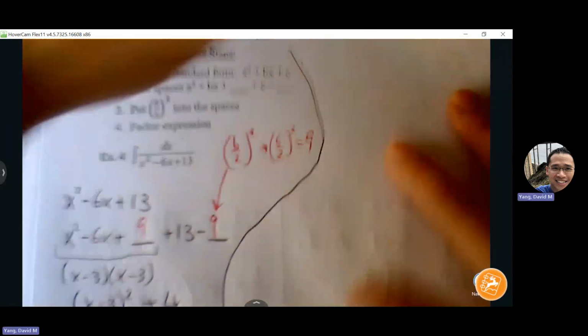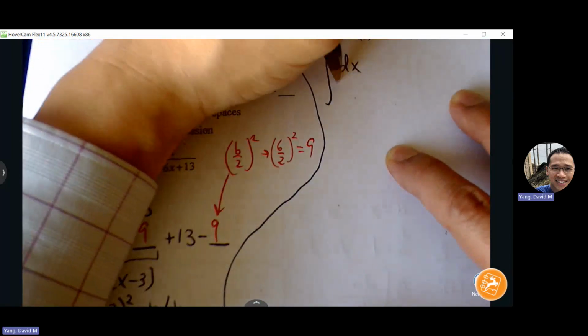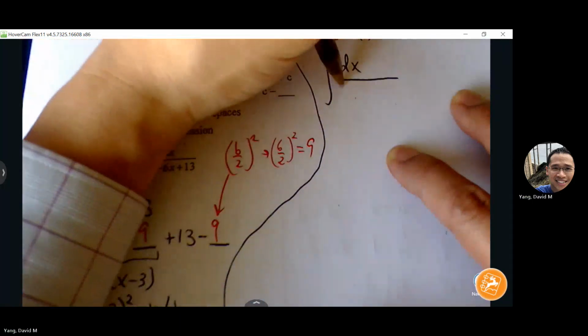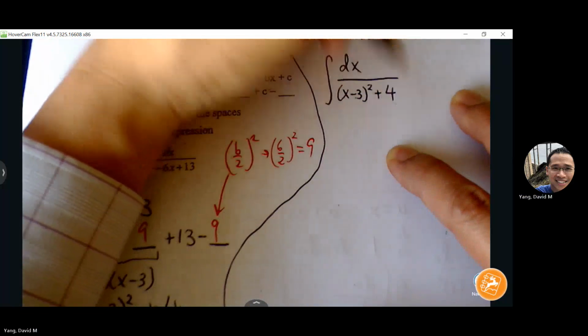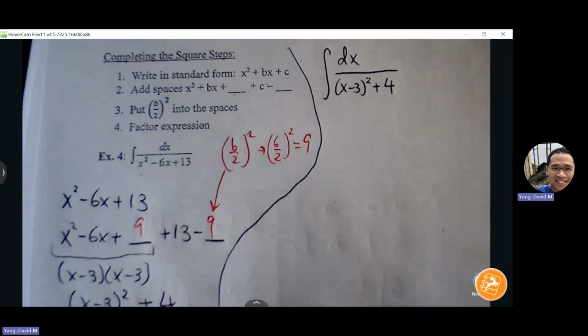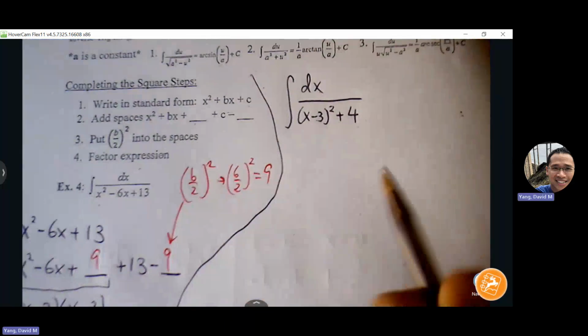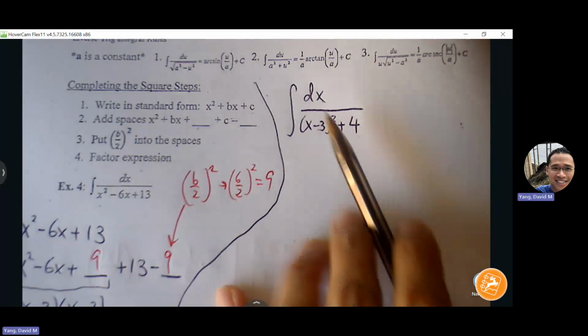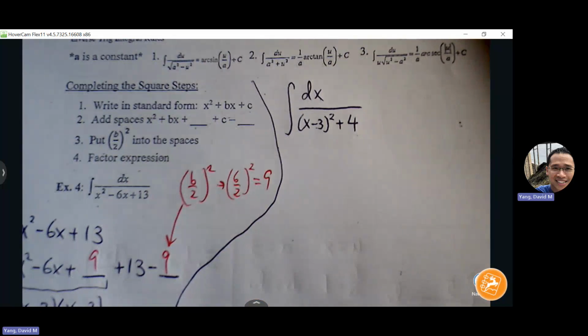I'm going to rewrite the problem now that our denominator is in a reduced form, a form that is useful and helpful for us. Now we can basically attempt this problem from the first page's perspective.